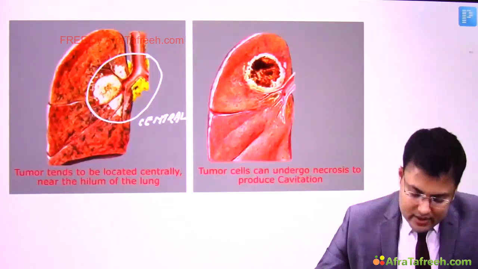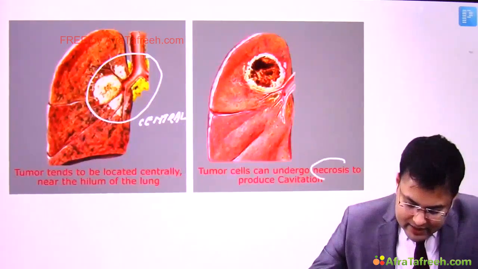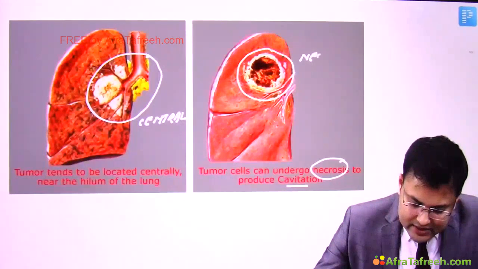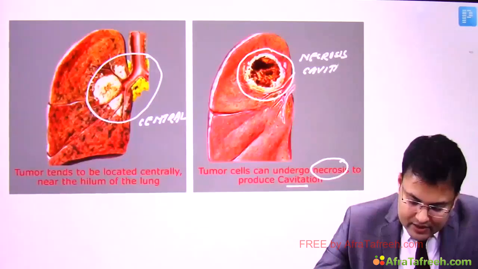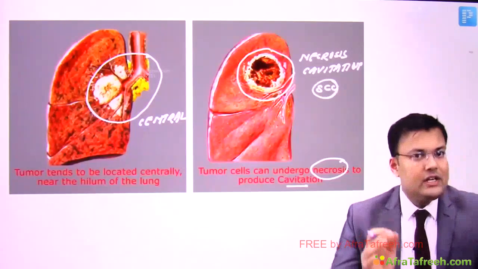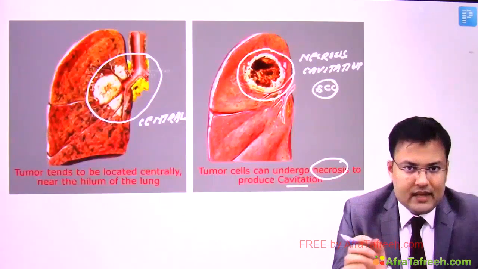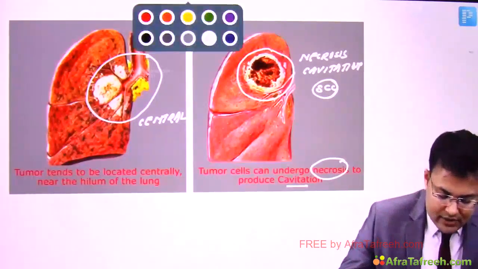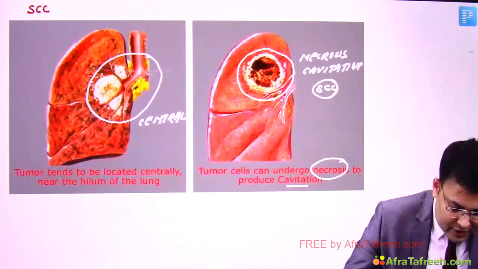But see here, you can see that it has necrosis and cavitation. Necrosis and cavitation are mainly seen in squamous cell carcinoma. So central location with necrosis and cavitation is suggestive of squamous cell carcinoma.